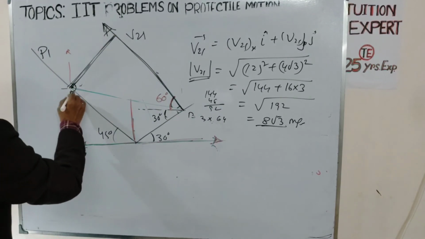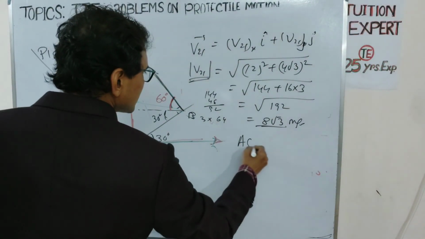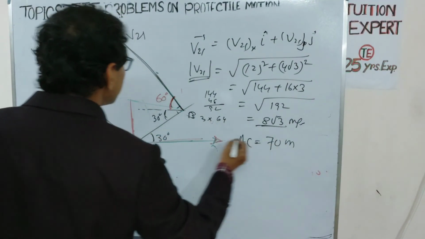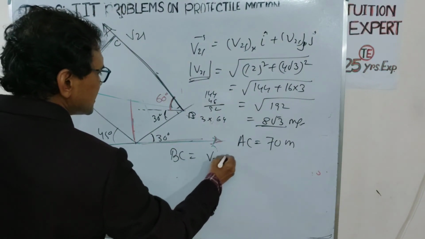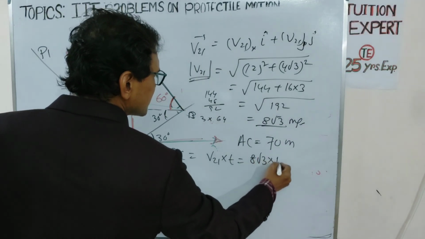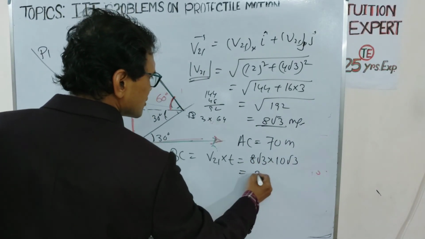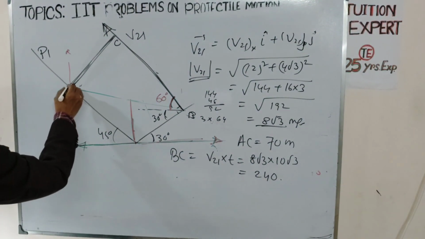So let this be A, this be B, this be C. Now AC is given 70 meter, and we get BC equal to velocity into time. Velocity becomes this, and time is 10√3, so 240. Now we have to get AB.